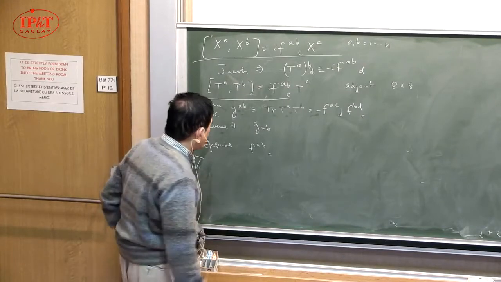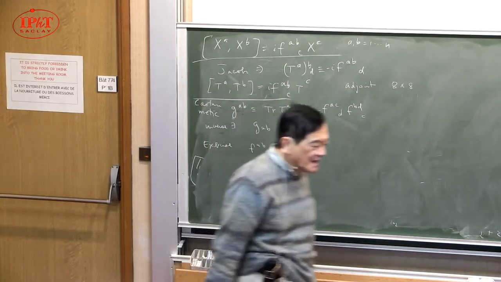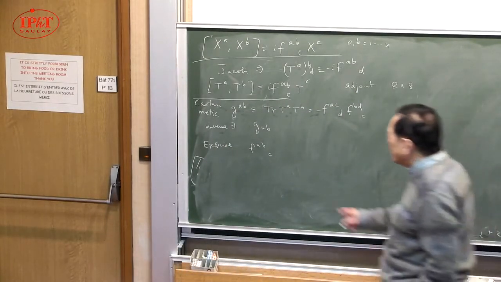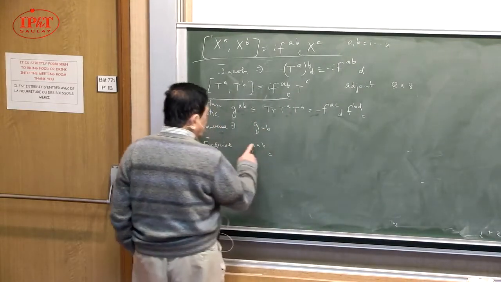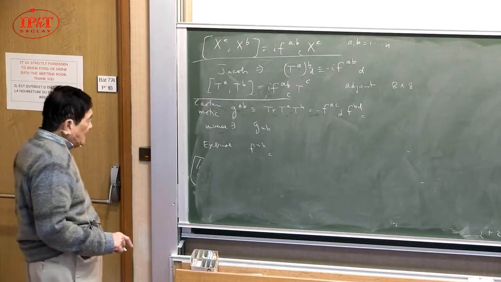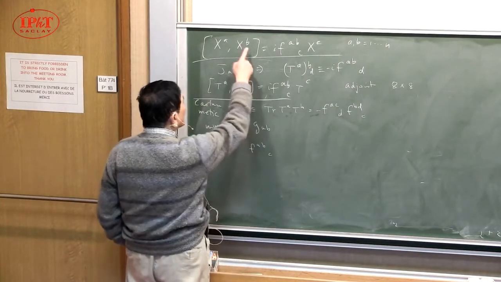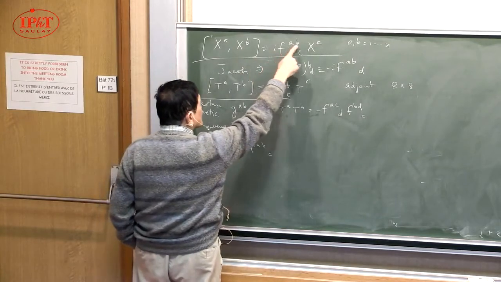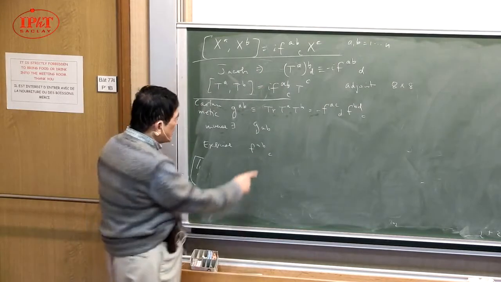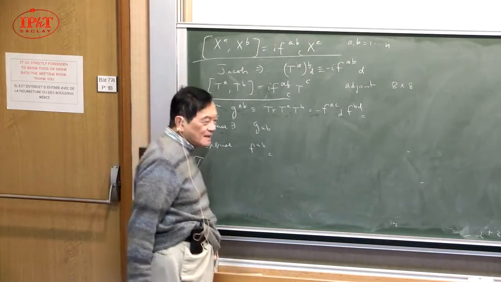Now here's a nice exercise. As we have seen from the examples of SU(2) and SU(3), the structure constant is the totally anti-symmetric symbol of Levi-Civita. And from the definition of the structure constant, it's clear that it's anti-symmetric in A and B. But is it anti-symmetric when you interchange B and C?